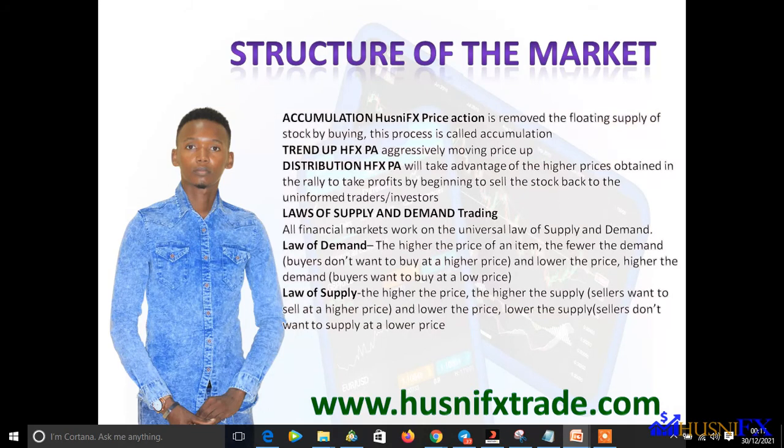In the accumulation zones, the HFX BA is removing the floating supply of a market by buying stock or anything. This process we call accumulation. Whenever there is a trend up, we are aggressively moving price up.